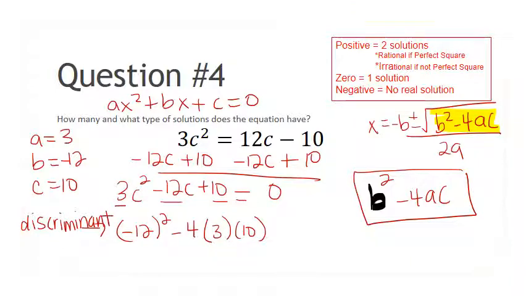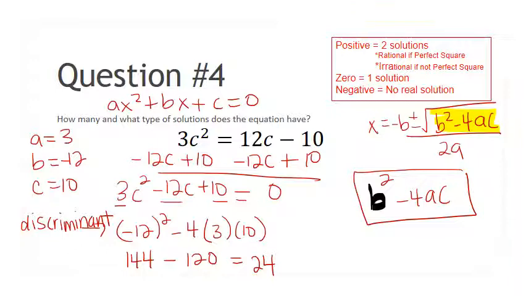Negative 12 squared is 144, and then 4 times 3 is 12, times 10 is 120. And when I subtract those, I end up with a positive 24.